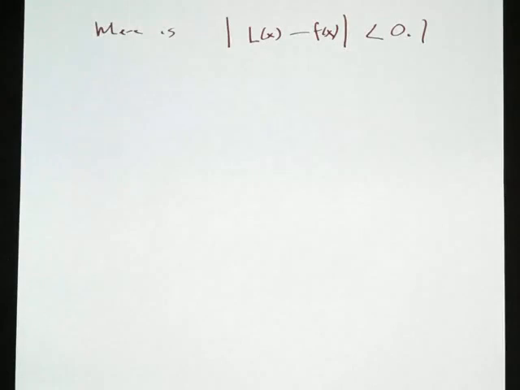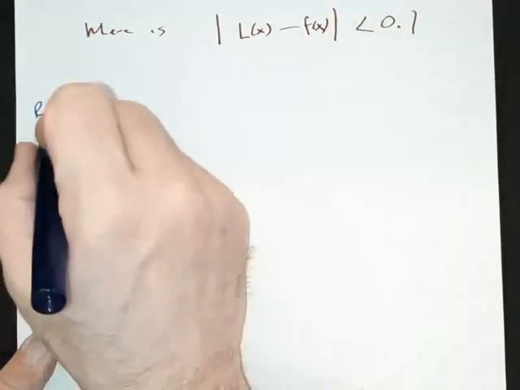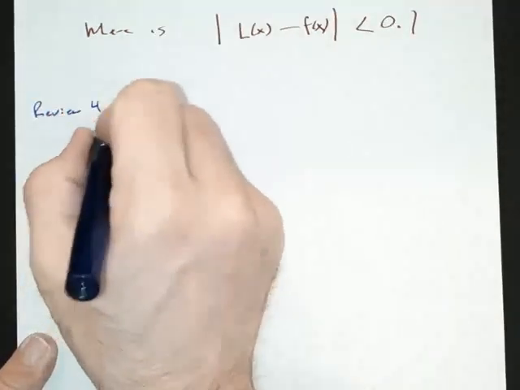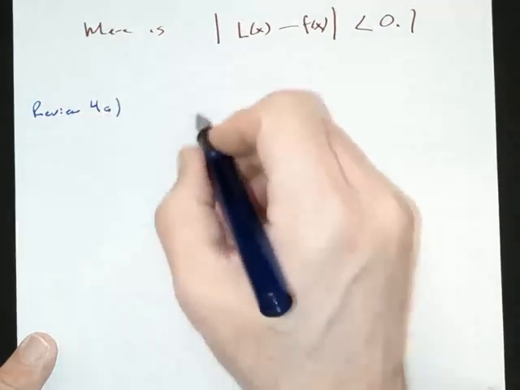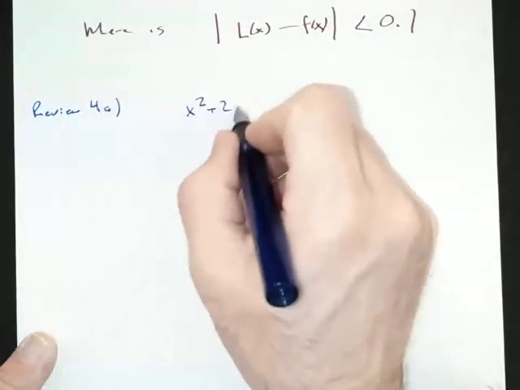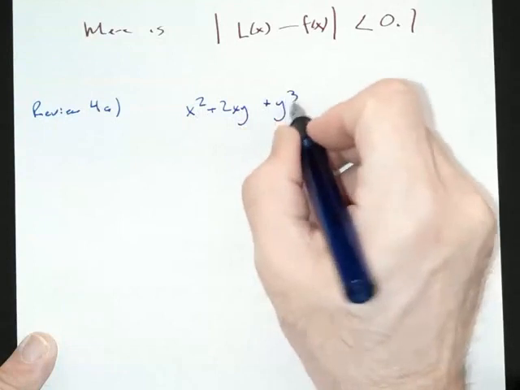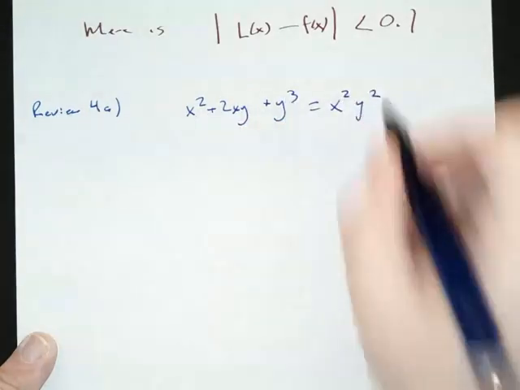Which number? 4A. 4A. Use implicit derivative to find. Okay.